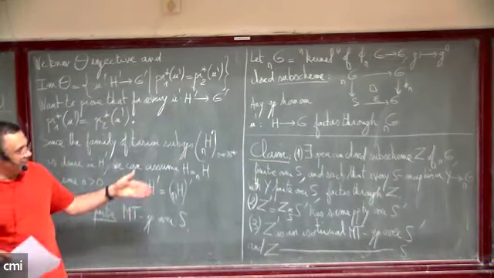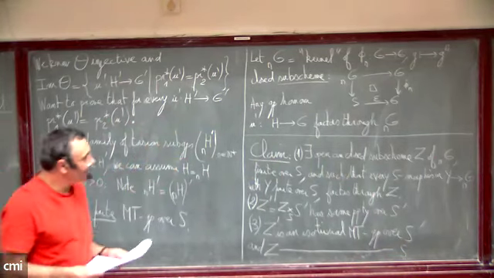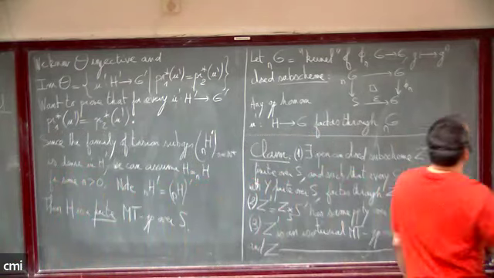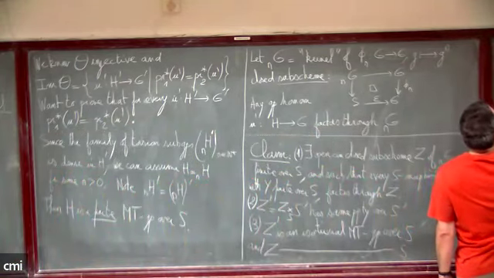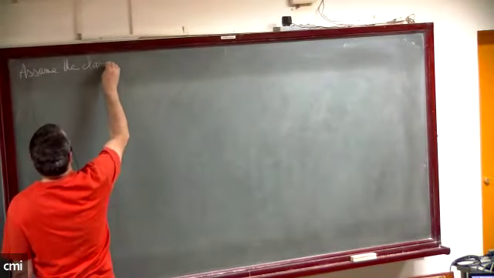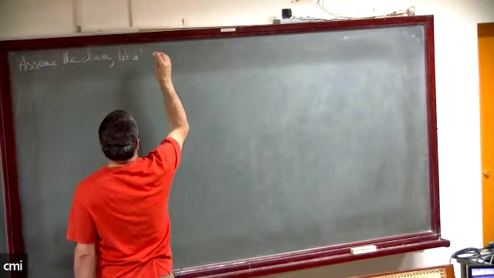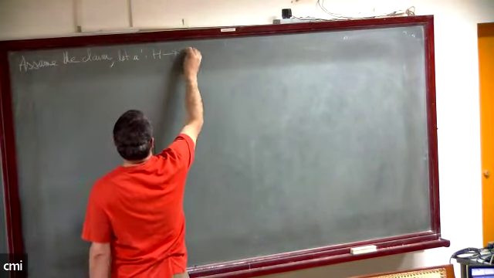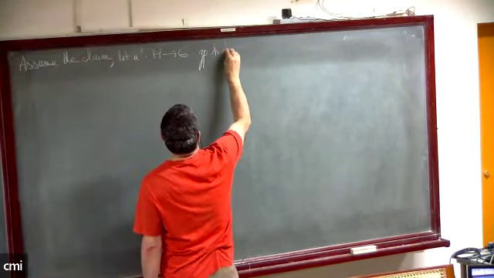And so let us show that the result follows from this claim. Okay, so assume the claim. And let u prime from H to G be a group homomorphism.